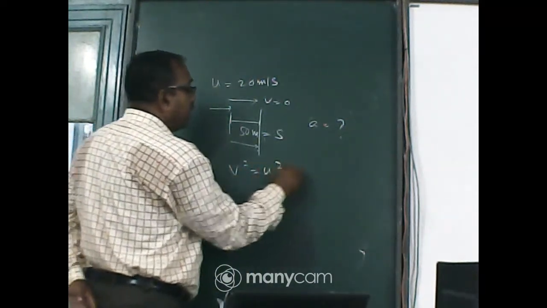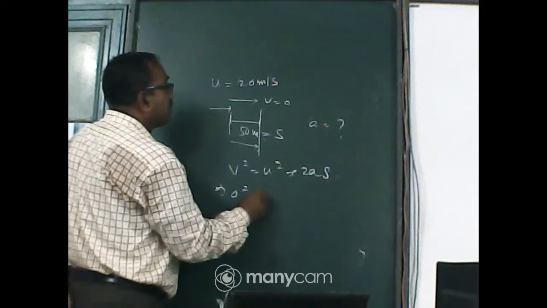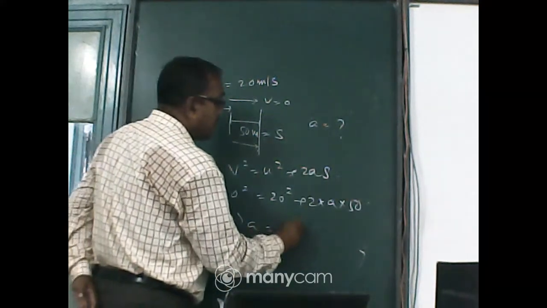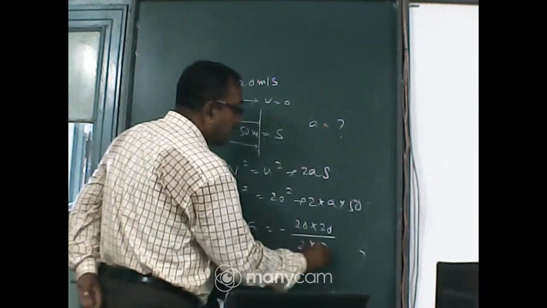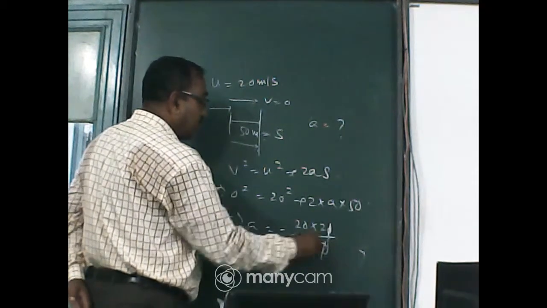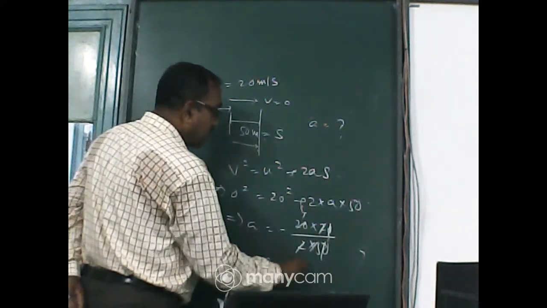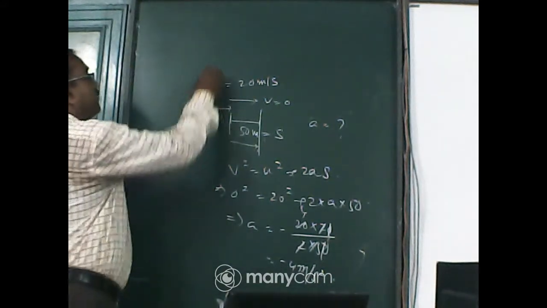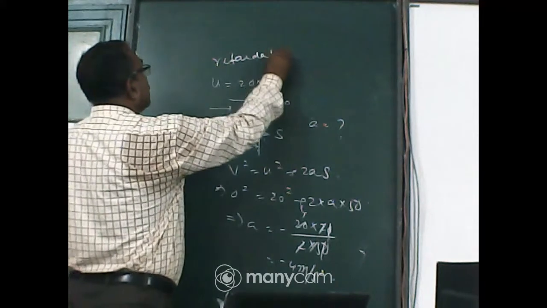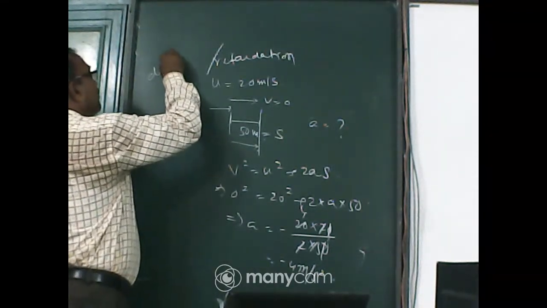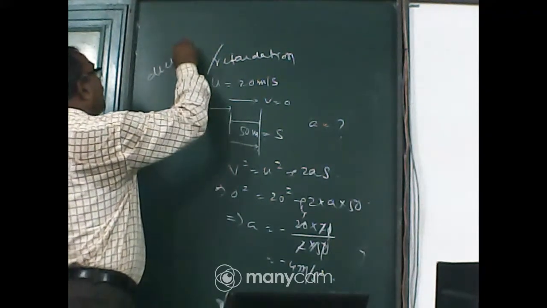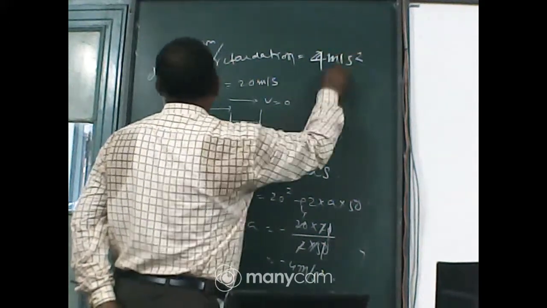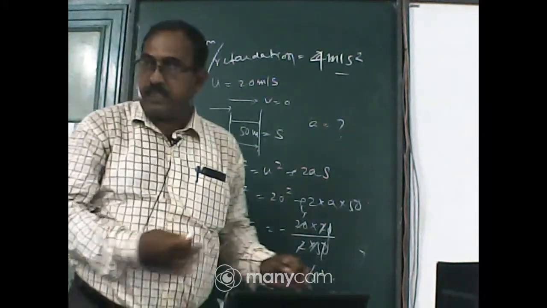You know this formula. So the deceleration or retardation equal to 4 meter per second square. 4 meter per second square.